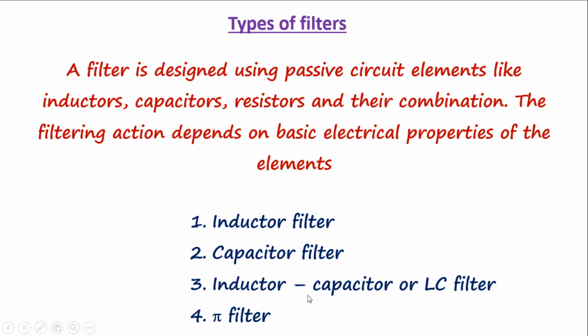From the name itself you can make out what the basic components used in the filters are. So in the first session we'll study the inductor filter. From the name itself you can understand that this filter is made out of an inductance coil. So we can see what is happening here.